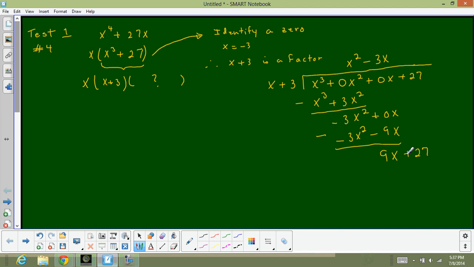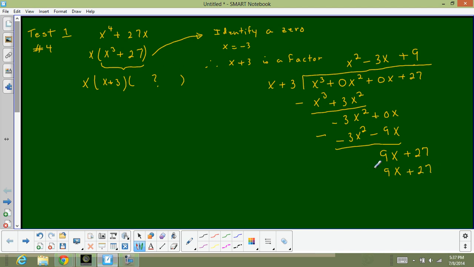And finally, one last time, we look at what we have down here. We know our divisor is x plus 3, and we ask what would we multiply by to create a match on that 9x. The match would be created by a plus 9. And so 9 times x gives us exactly what we want, the 9x. And as luck would have it, 9 times 3 gives us plus 27.